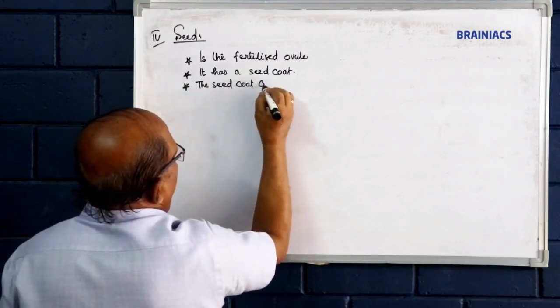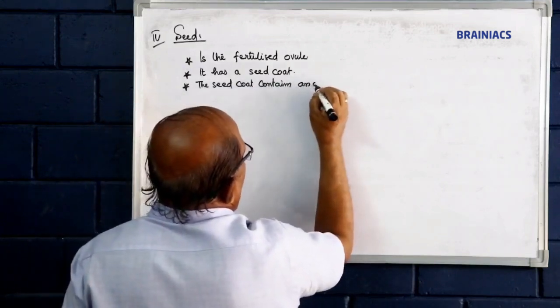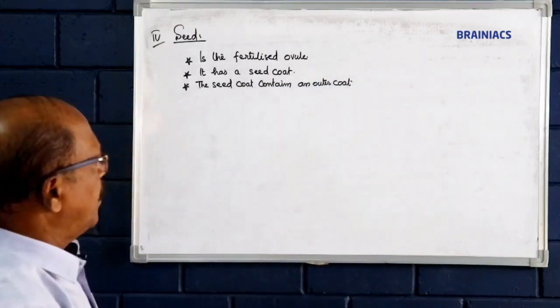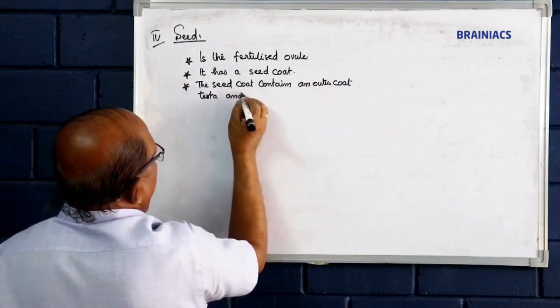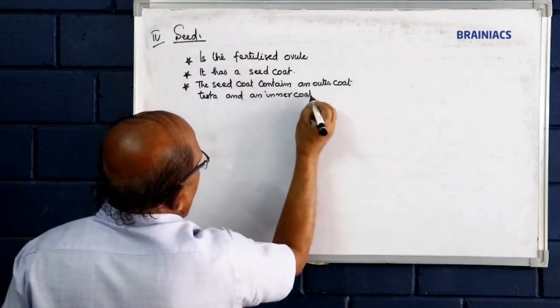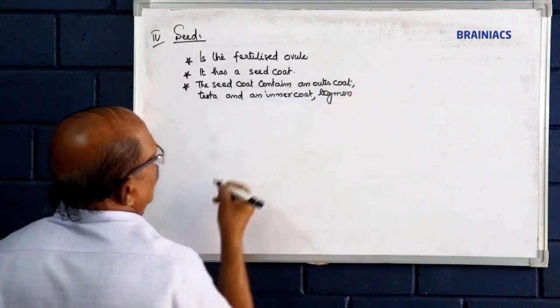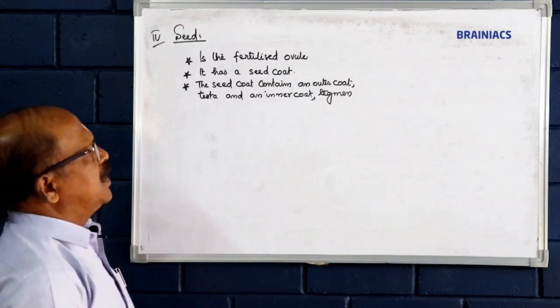The seed coat contains an outer coat, testa, and an inner coat, tegmen. They constitute the seed coats.